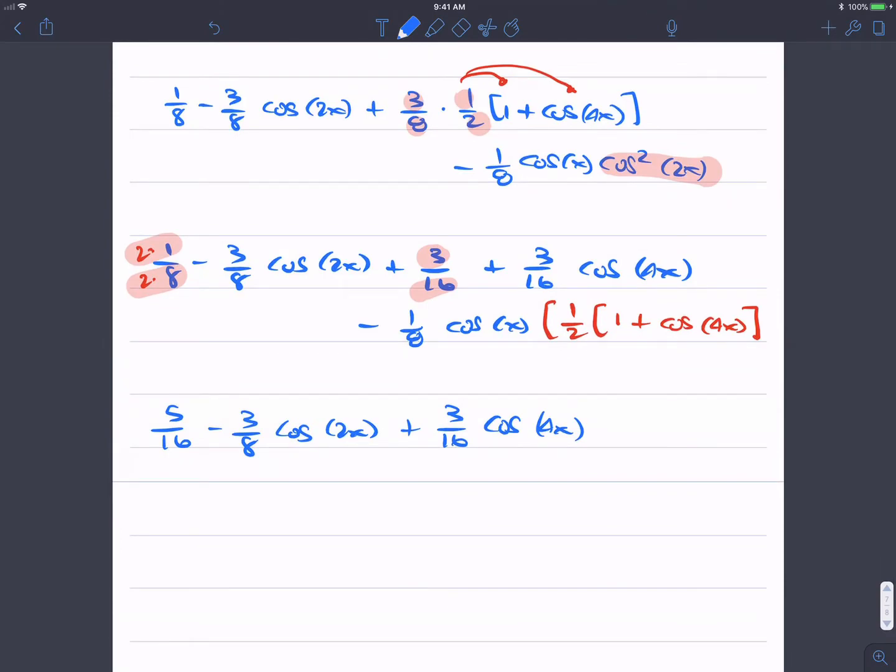Let's be careful here. I'm going to do this here in case you guys haven't noticed. I got a 1/2 factor there. I can pull that out, meaning I can multiply 1/2 times that negative 1/8. Put a middle step, I guess. That gives me negative 1/16 cosine of x gets multiplied to 1 plus cosine of my 4x.